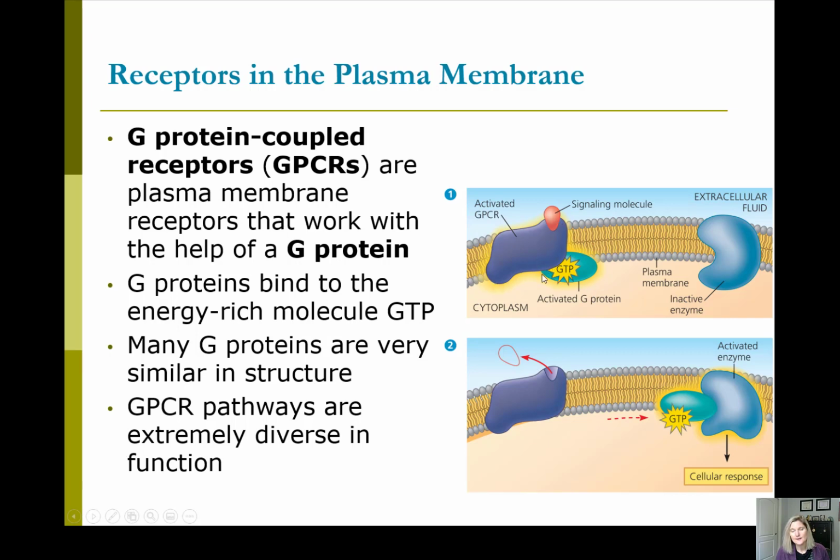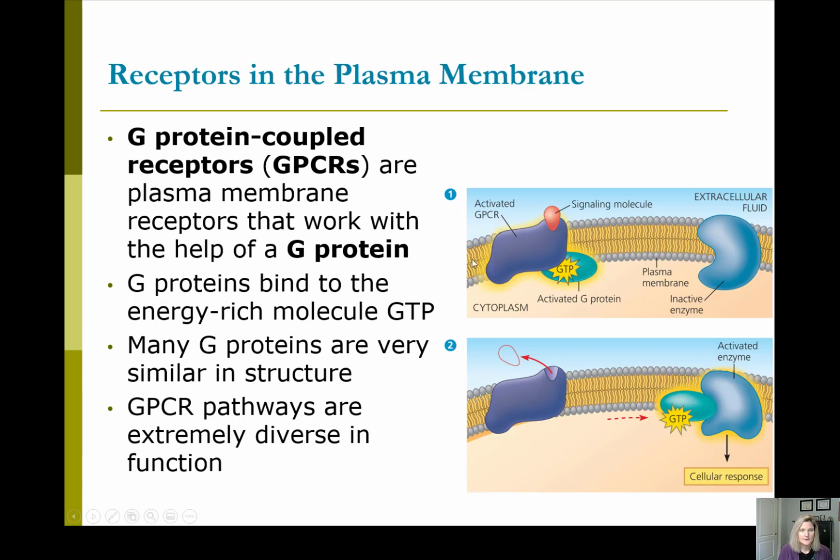And on the inside of the plasma membrane, we have something called a G protein. And then on that GPCR, we have the little signaling molecule, that ligand, that is specifically bound to that receptor site.